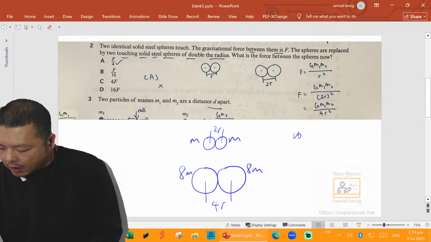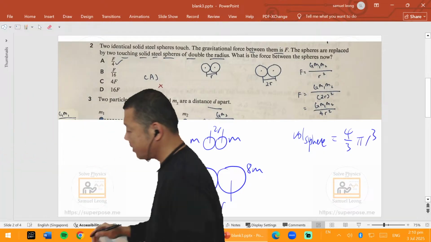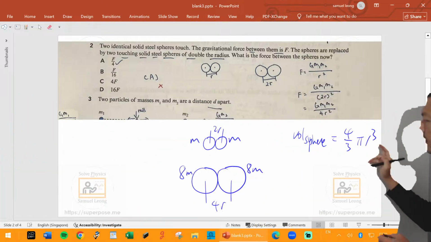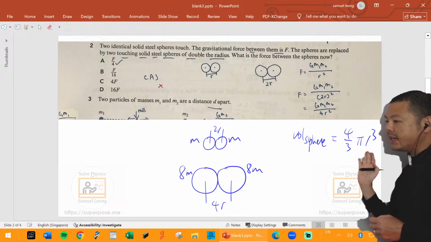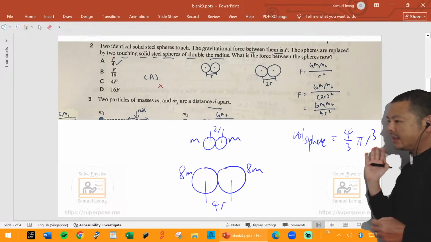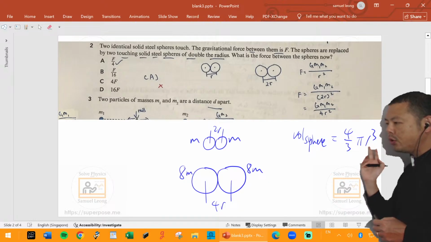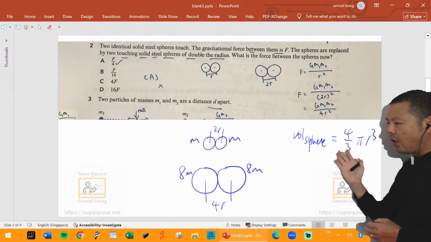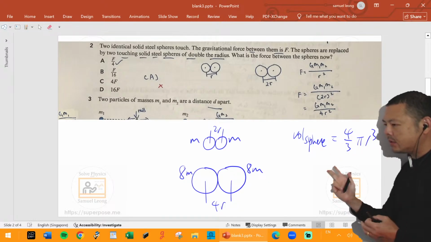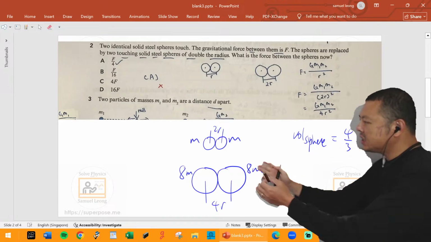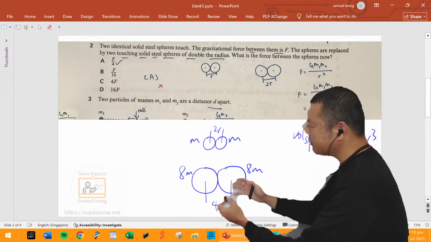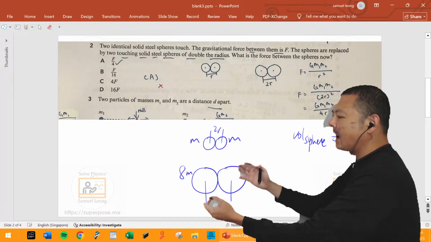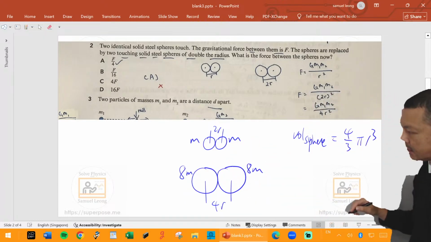Volume of a sphere is 4/3 pi r cubed. So if you double the radius, you are cubing the double. So 2 cubed is 8. So the volume has increased by 8 times. So the mass of each sphere has increased by 8 times, or rather, the new sphere is 8 times the mass of the original sphere.